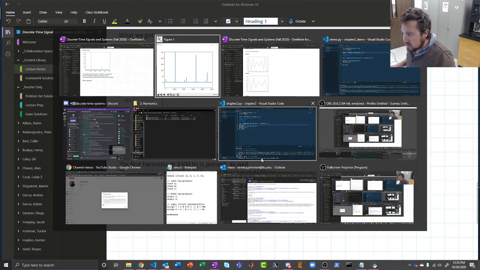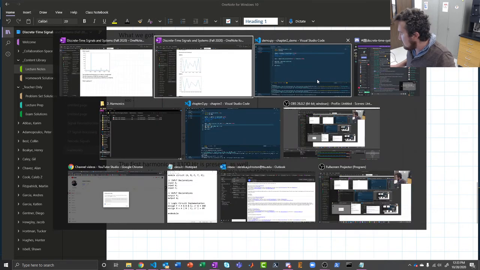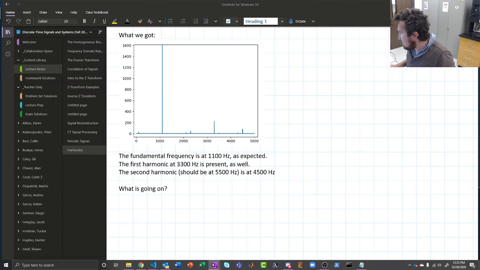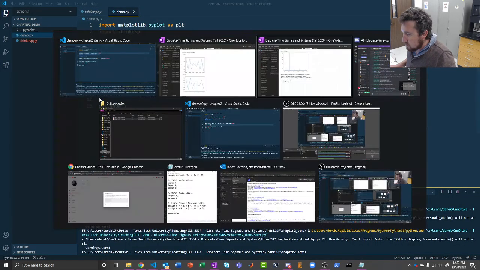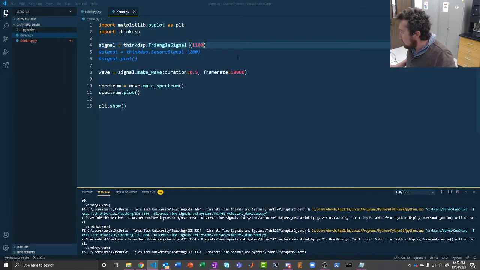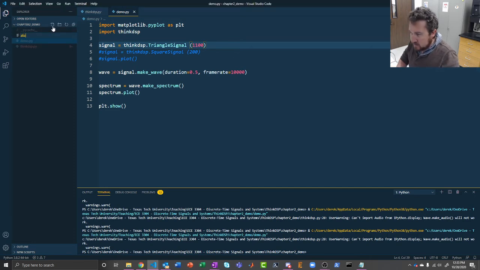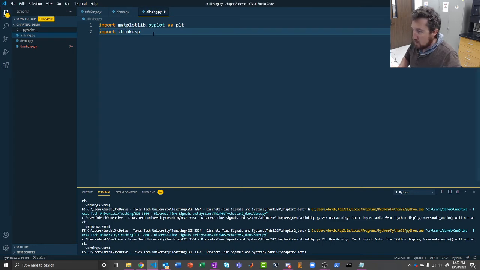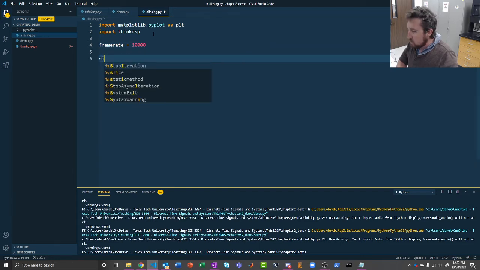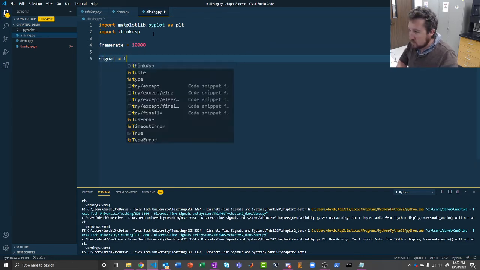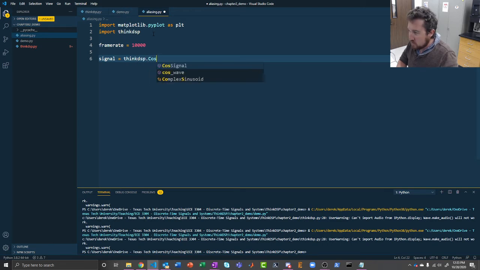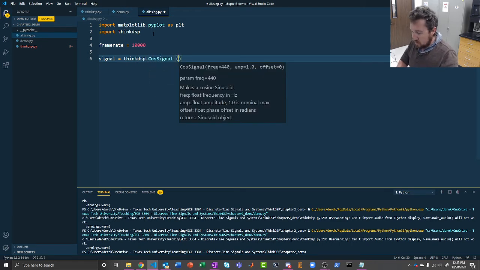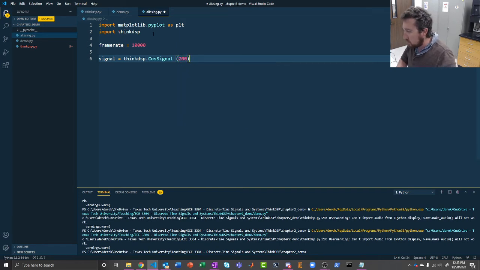Let's take a look at the signal. Let me close this. Let's create a new one. I'm just going to call it aliasing.py. I'm going to import some of our stuff. Frame rate equals 10,000. And let's go ahead and just create a cosine signal. So cos_signal equals thinkdsp.CosSignal, and let's start at 200 hertz and we'll work our way through.